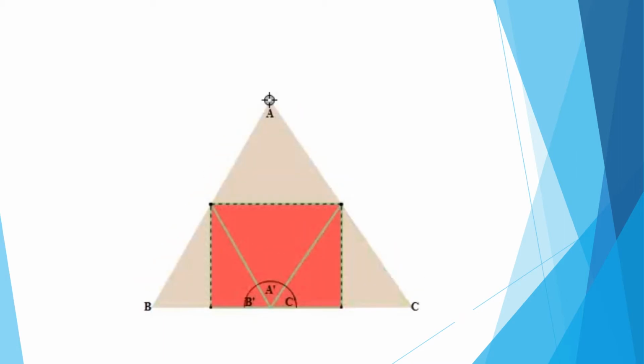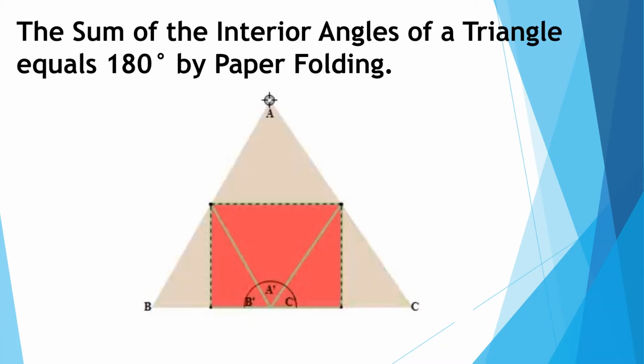Now we can see clearly that angles A, B, and C form a straight angle, or have a sum of 180 degrees. So the sum of the interior angles of a triangle equals 180 degrees by paper folding.